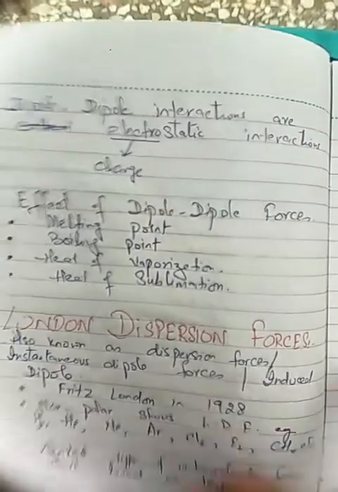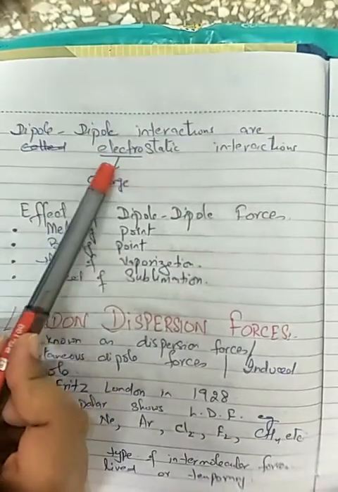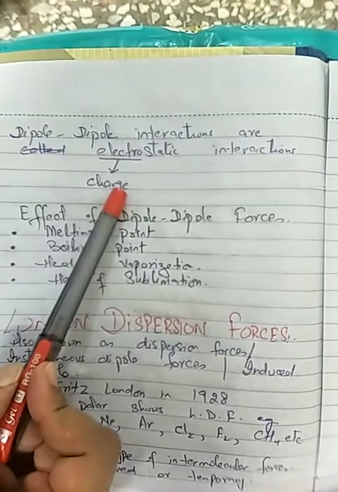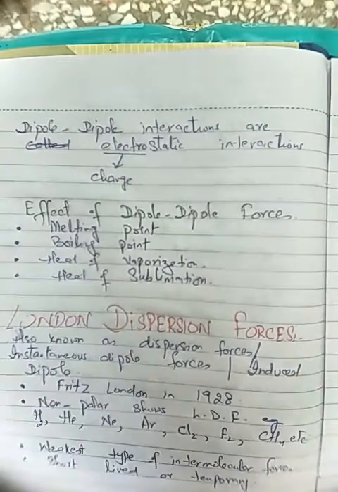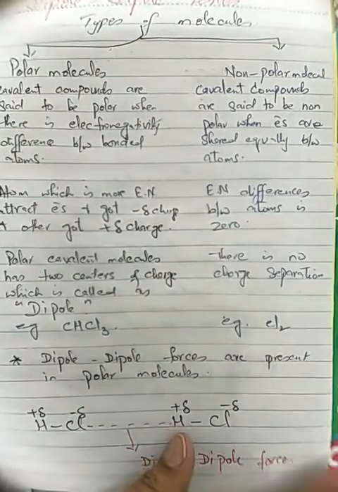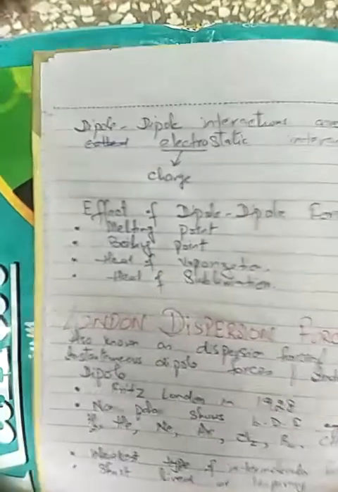These dipole-dipole forces are also known as electrostatic interactions. Electro means charge. As these molecules have charges on them, it is regarded as an electrostatic interaction.